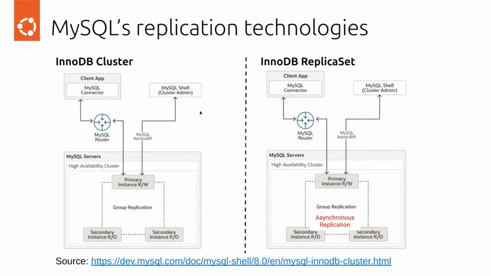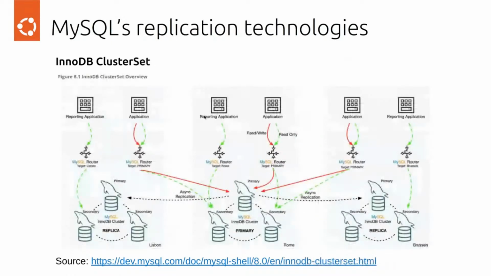And there is as well another technology that you need to be aware of, which is InnoDB ClusterSet. I know the name might be confusing because there is cluster in every one and set in some of them, or at least in 2 out of 3 of them.